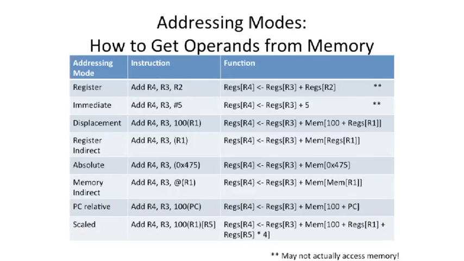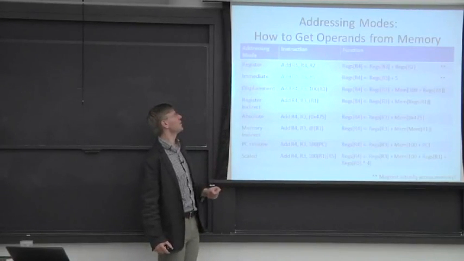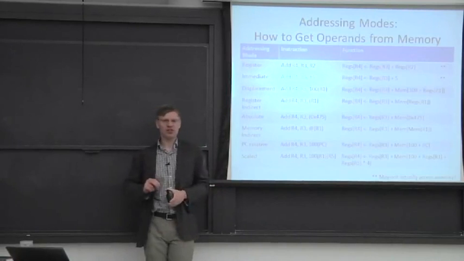Another characteristic of instruction set architectures that the architect needs to think about is how do you go and access memory? And what are the different addressing modes that can be used? Or how do you get operands from memory? So looking at one example here, we have a register-based addressing mode.